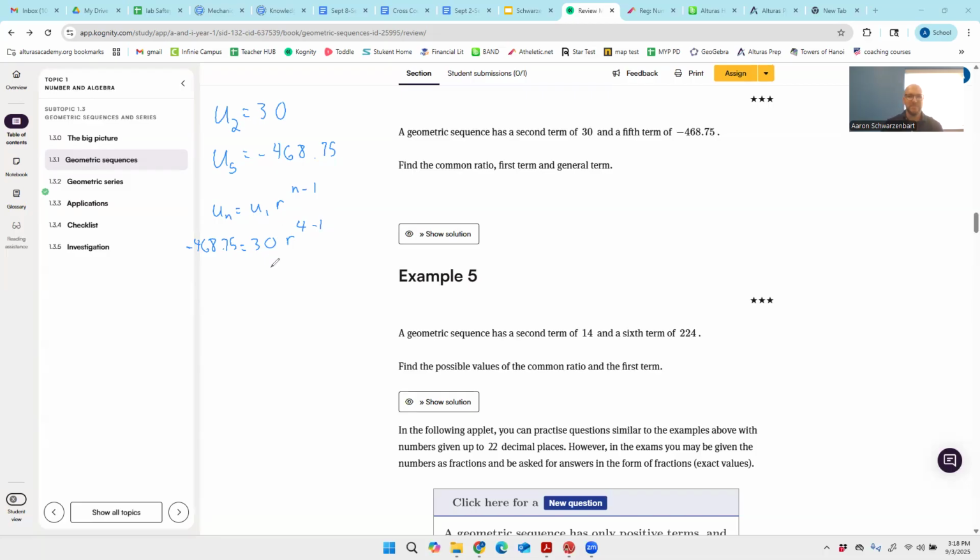That just simplifies it a little bit for us. It's not the first term, we know it's the second, so we'll just have to deal with that later. We'll divide by 30, and that gives me r cubed equals negative 468.75 over 30.